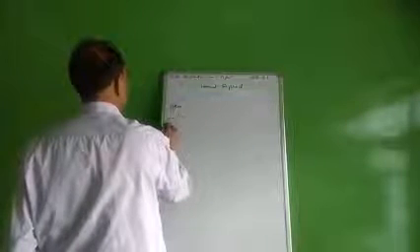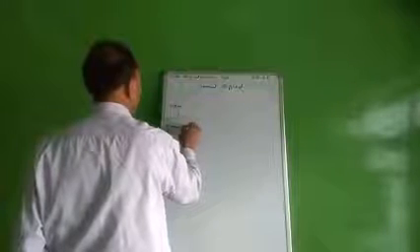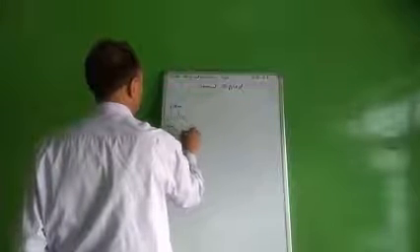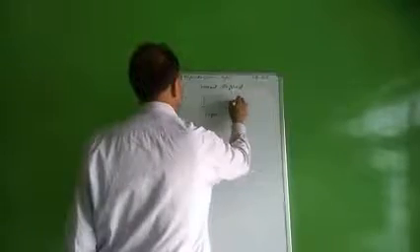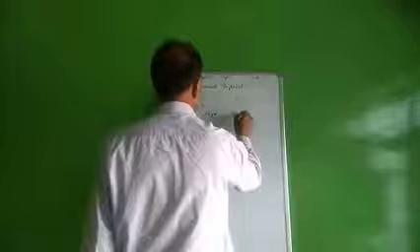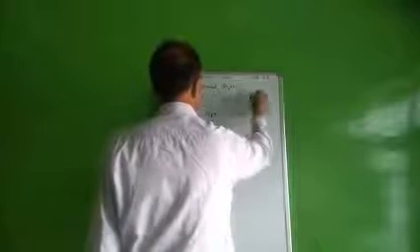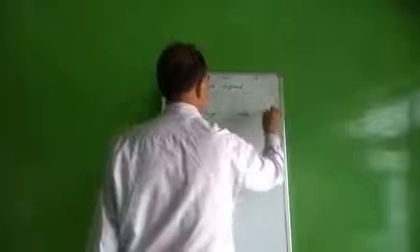Fission is of two types: binary fission and multiple fission. The second type is fragmentation, the third type is budding, and then spore formation and regeneration.